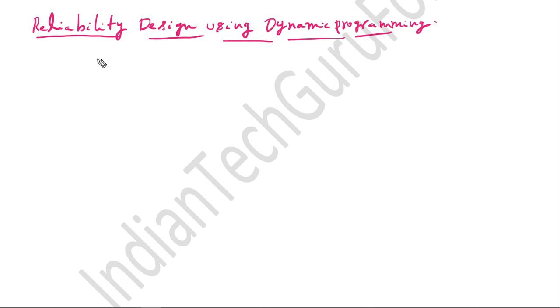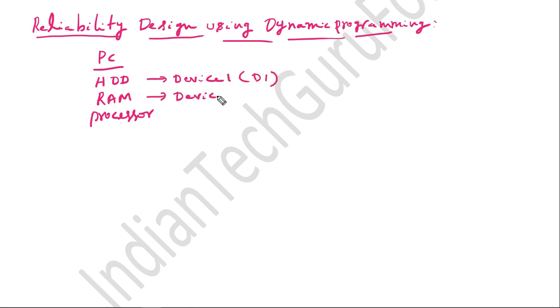Assume a personal computer which has a single hard disk drive, a single RAM, and a single processor. Assume the hard disk drive as device 1 or D1, RAM as device 2 or D2, and processor as device 3 or D3.